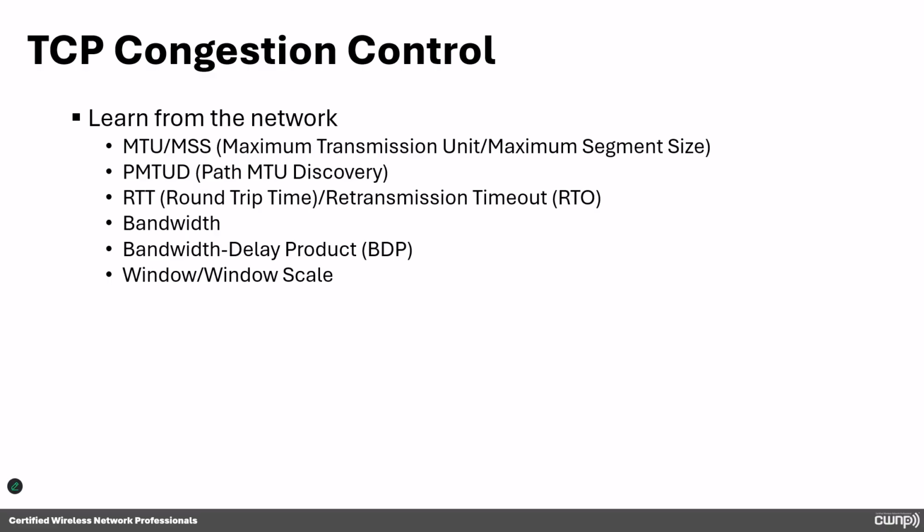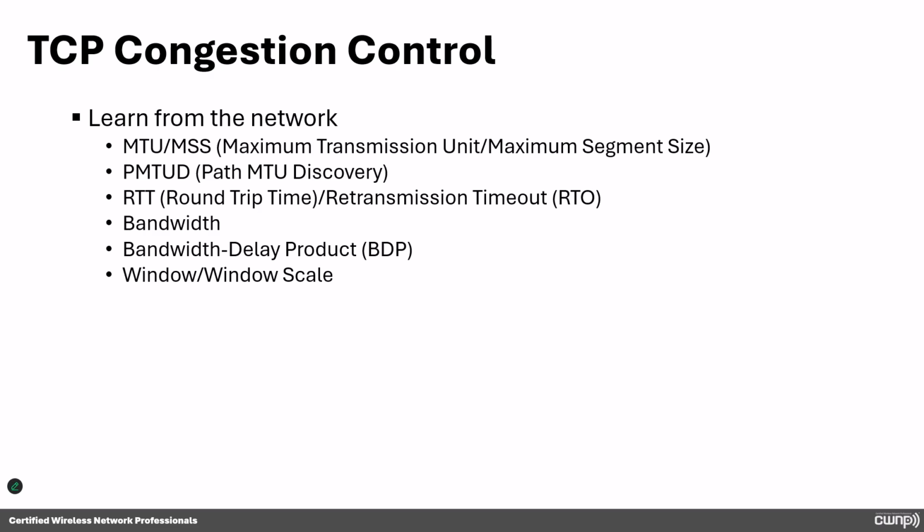That is actually simply the maximum that the remote device is telling you it can receive. So it's saying, hey, this is what I can handle. That doesn't mean the network can handle it. So there are rules for what can actually be used with the window, and they must be accommodated by the congestion control algorithms. And we'll get into that when we talk a little bit more about windows and window size.